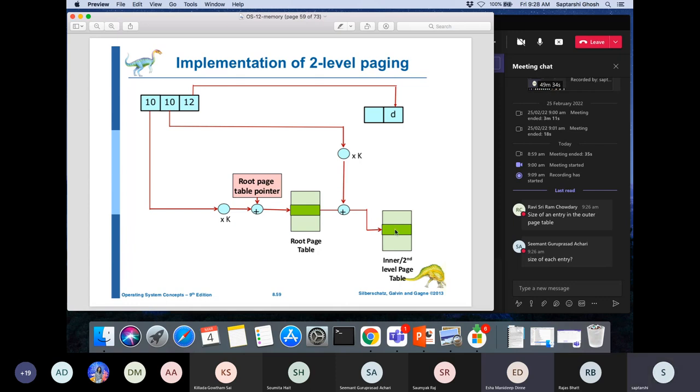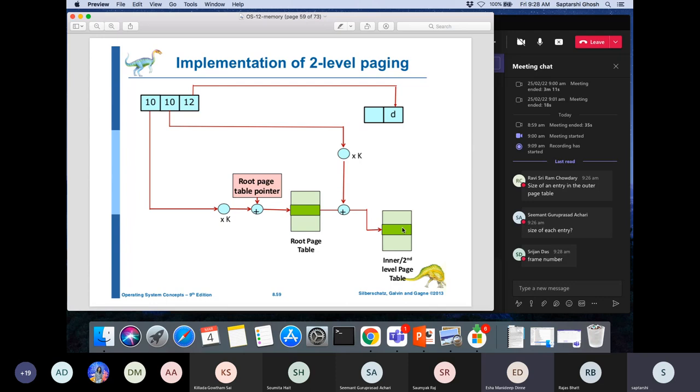And what does this entry give us? What do you think? What will this entry give us? Yes, good, what Srijan said.